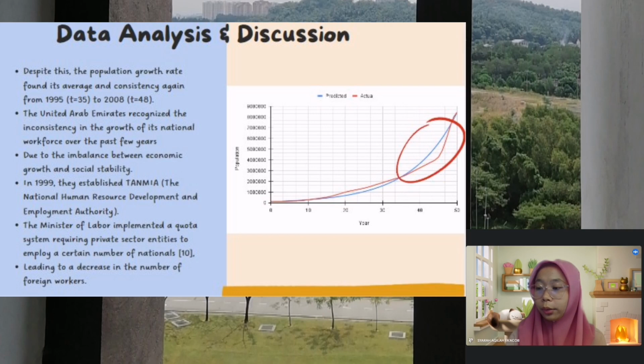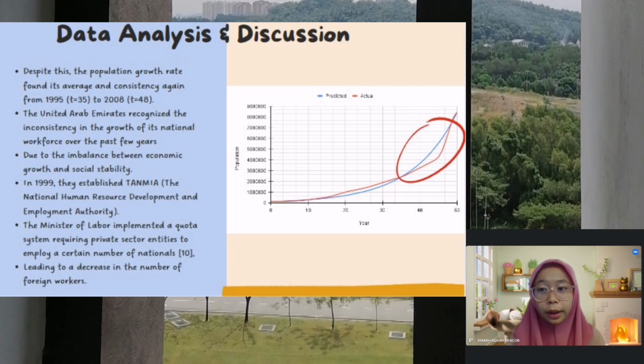Before this, we have seen that the actual graph for population has a higher growth rate compared to the predicted one. But as you can see here, despite this, the population growth rate found its average and consistency again when it comes to 1995 to 2008, which is the time equal to 35 and also 48.